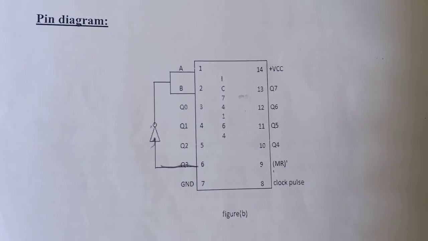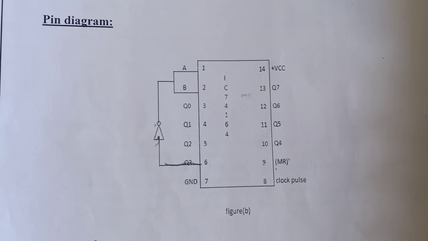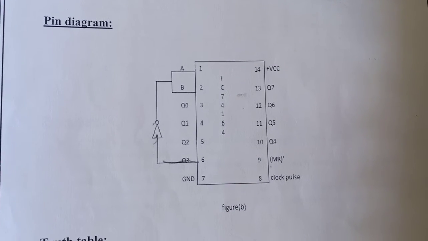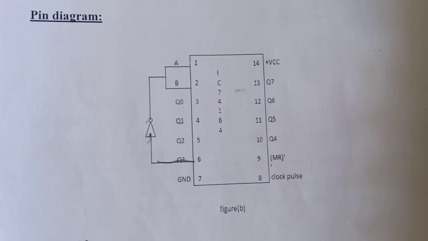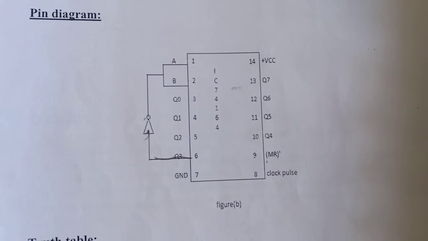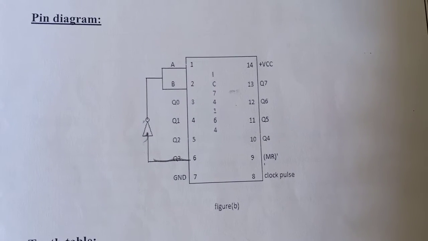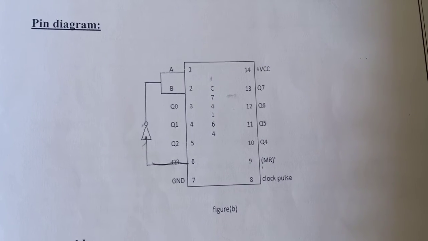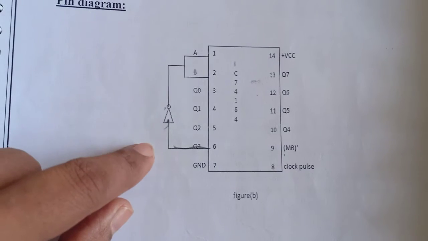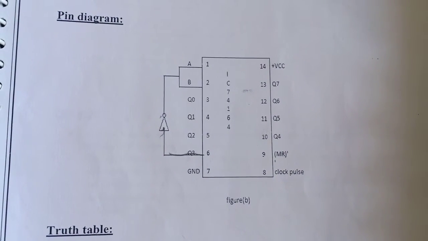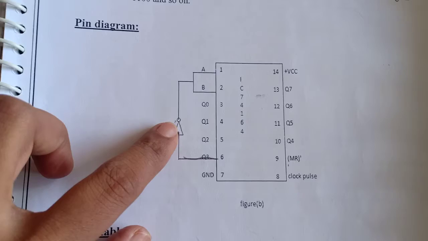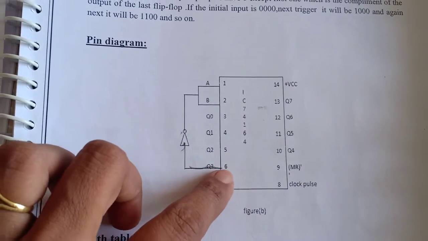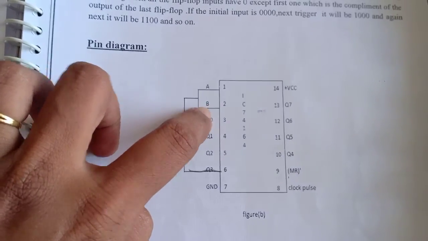This is the truth table, and this is the pin diagram for the Johnson's counter. The same IC 74164 is used to implement the Johnson's counter. The only difference is, as we are giving feedback as a complemented output of the last flip-flop, to get the complemented output, the NOT gate is used in between the connection of pin number 6 and pin number 1 or 2.